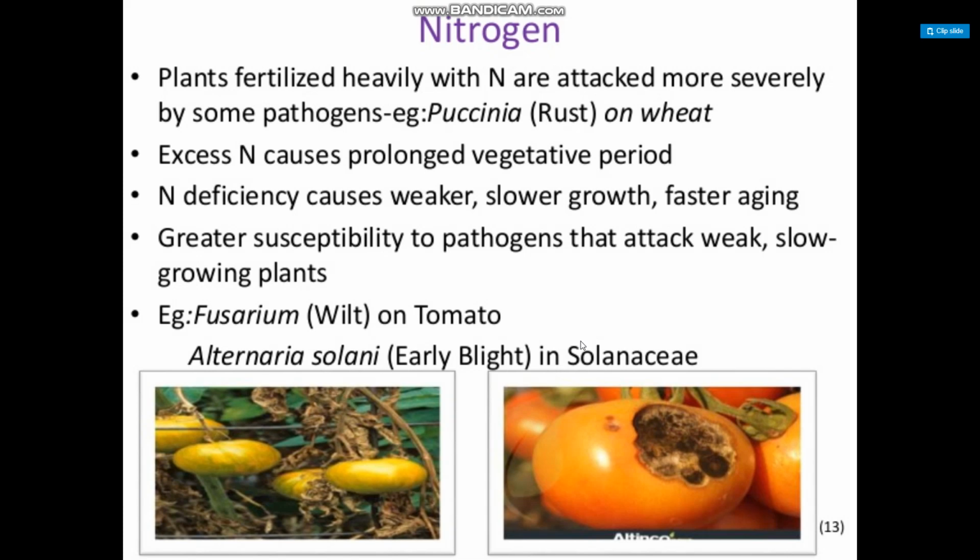Excess nitrogen causes a prolonged vegetative period. Nitrogen deficiency causes weaker, slower growth, faster aging, and greater susceptibility to pathogens that attack weak and slow-growing plants, for example Fusarium wilt on tomato. Second example, Alternaria solani, early blight in Solanaceae.